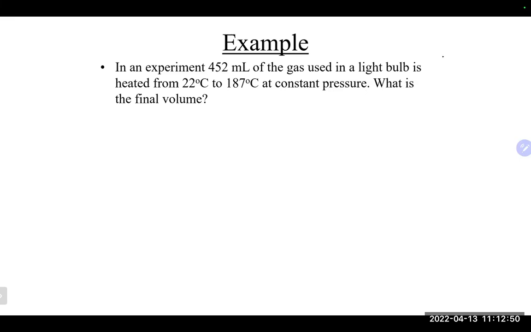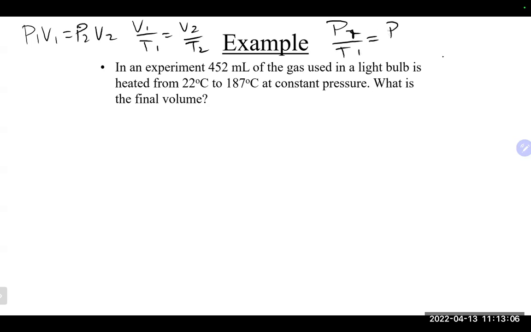Okay, let's take a look. So now we have a few gas laws to choose from. We have our Boyle's, we have our Charles', and our very similar one, P1 over T1 is equal to P2 over T2. If you're not sure which one to use, we pull out the information.